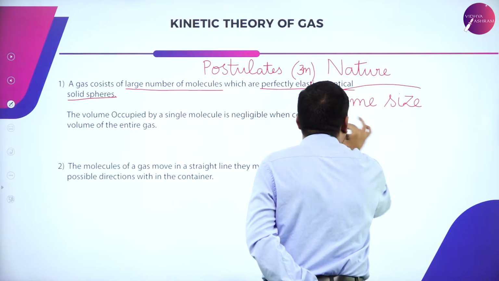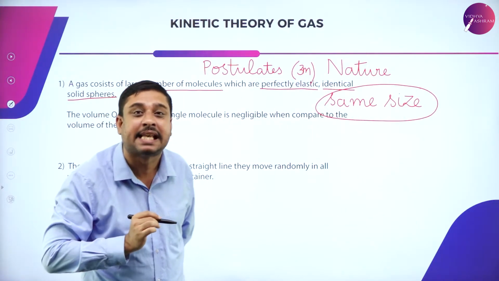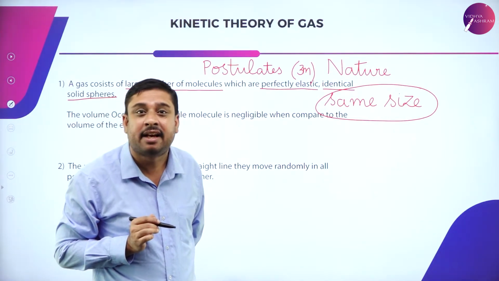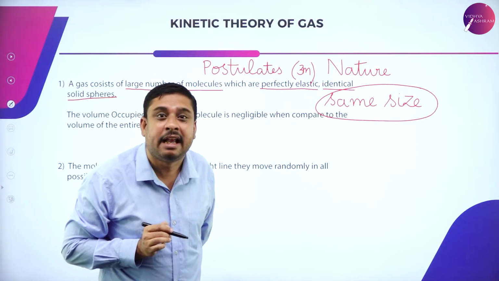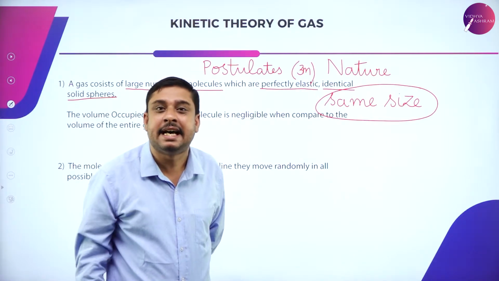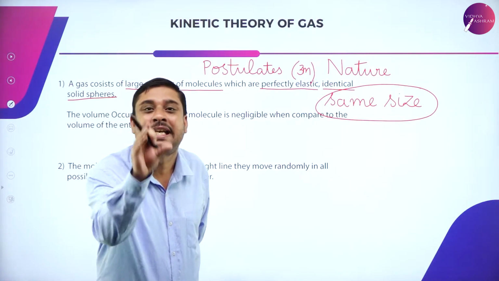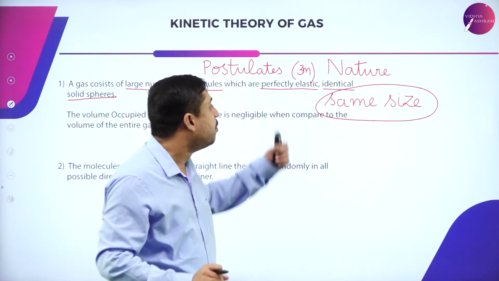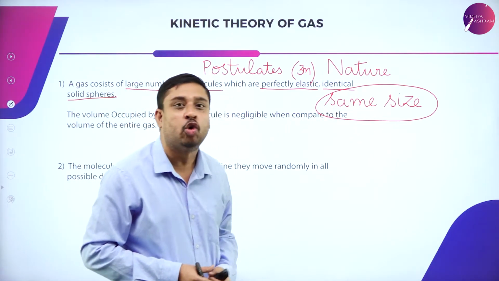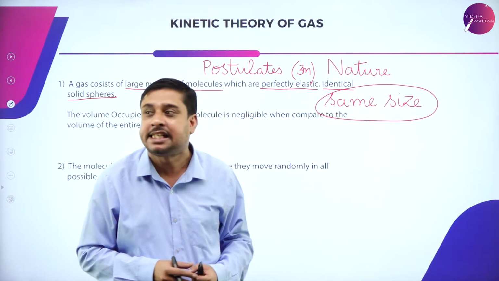When I say identical, it means they have the same size, perfectly elastic, identical, solid spheres. So we can consider a gas to be like a ping pong ball, a table tennis ball, which is perfectly elastic. All the molecules have the same size and they are solid spheres.